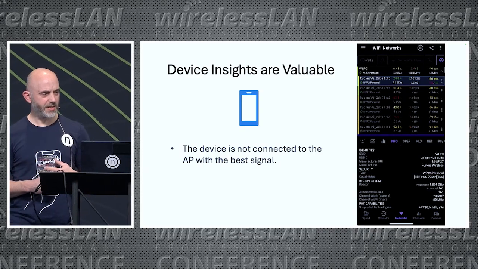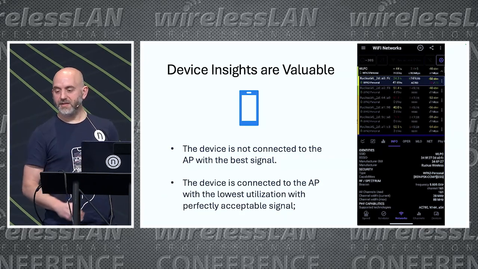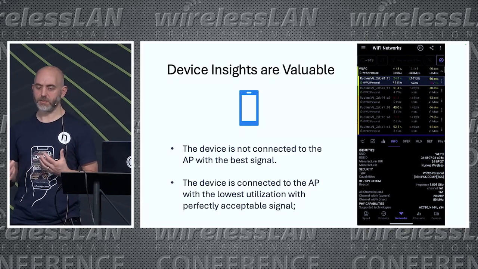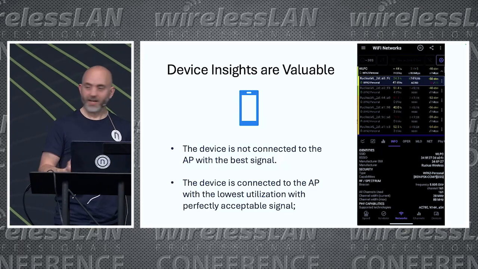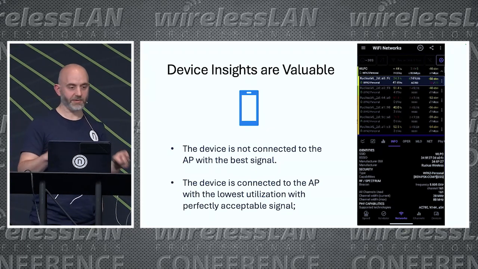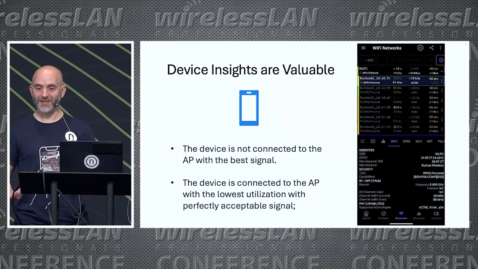Why am I not connected to the highest RSSI? Well, it's device logic. The insight you get is that negative 50 is perfect. Why should I go to negative 40 if the utilization is 51% when my negative 50 is 24%? Clearly, that's a good choice.